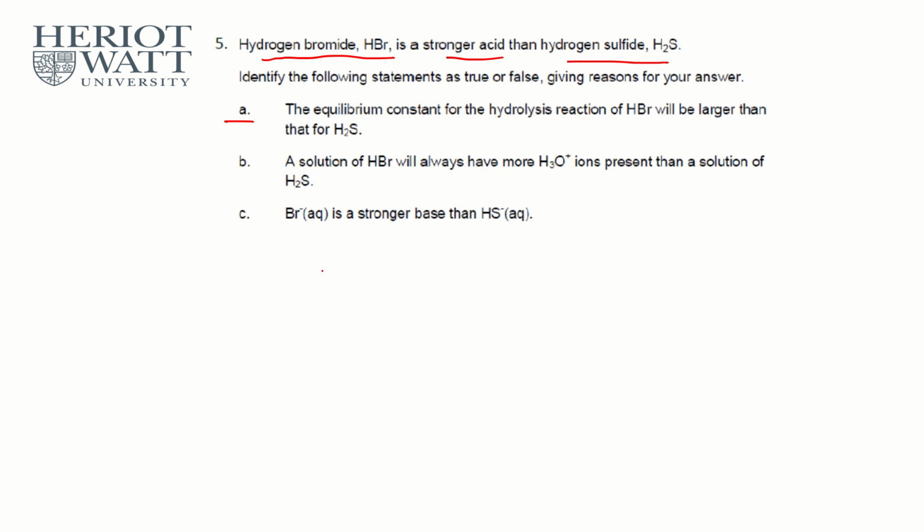Okay, let's write the equations out. HBr, okay, it's a stronger acid, right? So when it dissolves in water, you're actually getting H plus and Br minus. Okay, and here they say equilibrium constant for the hydrolysis of HBr. Hydrolysis means you add water, you're trying to dissolve it, and it's reversible because it's in equilibrium.